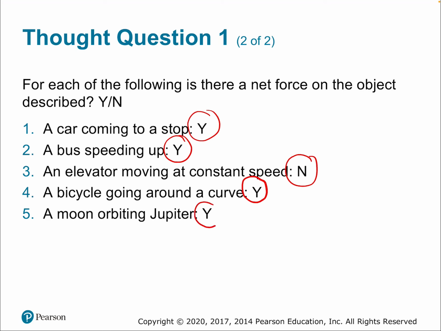So it'd be yes. Now, the elevator, by the way, which is moving up, the reason it doesn't have a net force is because it's a great example of two forces that sum to zero. Because remember, net means total, which is another way to say sum. So in the case of the elevator, there'd be some tension force that's pulling the elevator up, and that tension force is pulling it with an exact same value as its own force of gravity, which is known as its weight.